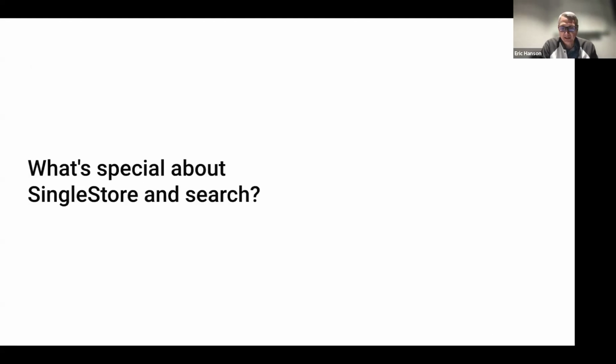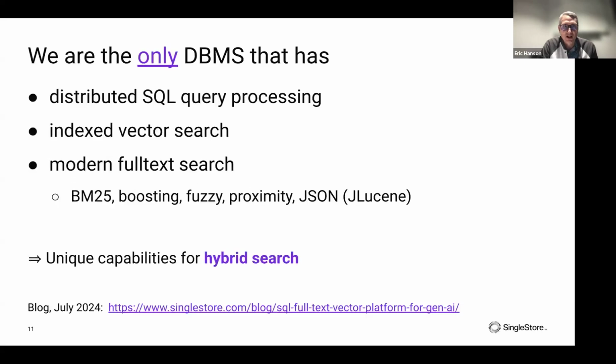So what's special about SingleStore and search? We are the only database management system that has all these things. The first is distributed SQL query processing. I talked about aggregators and leaf nodes and how you can scale to arbitrary size. You can handle any size workload from the smallest to the largest with a single product, SingleStore, for both transactional and analytical processing.